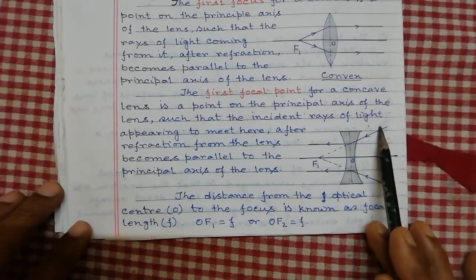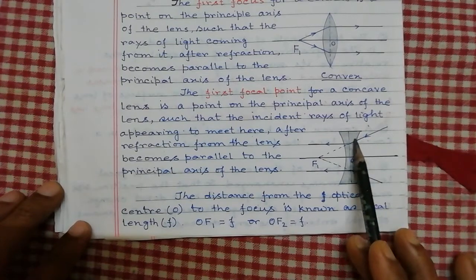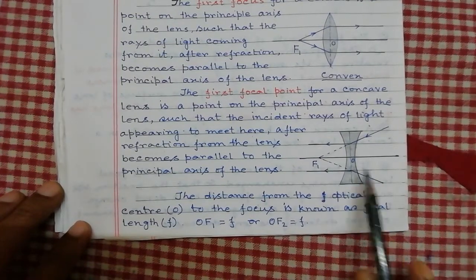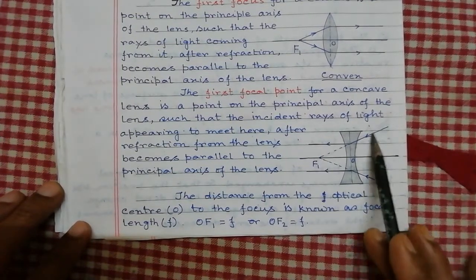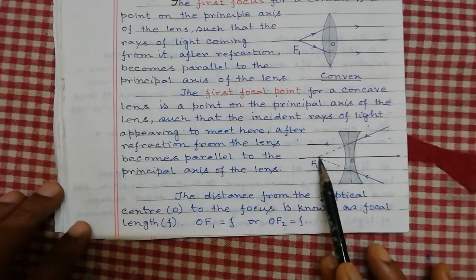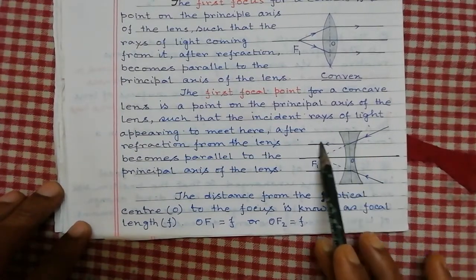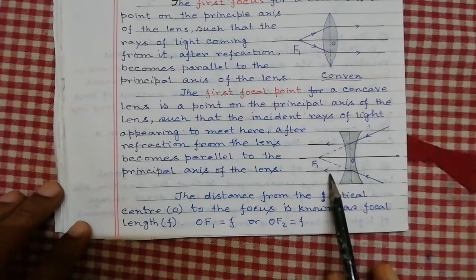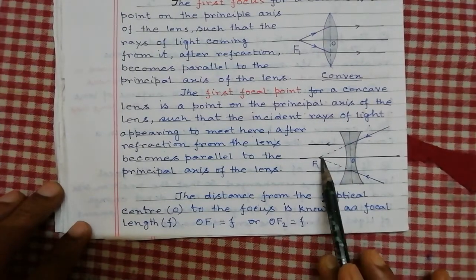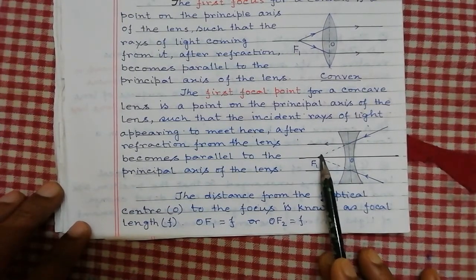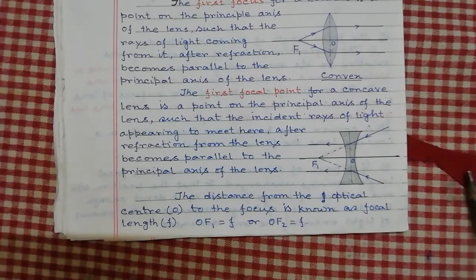When this incident ray comes towards a point on the principal axis, appearing to meet at a point on the principal axis, after refraction this refracted ray becomes parallel to the principal axis, and it is the first focus. This first focus for the concave lens is the imaginary first focus.